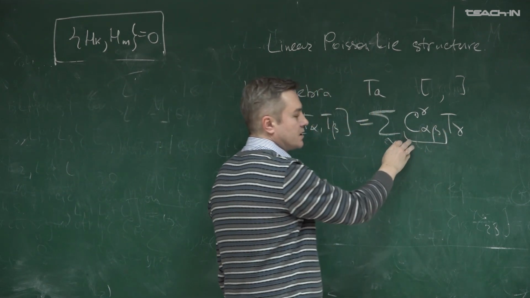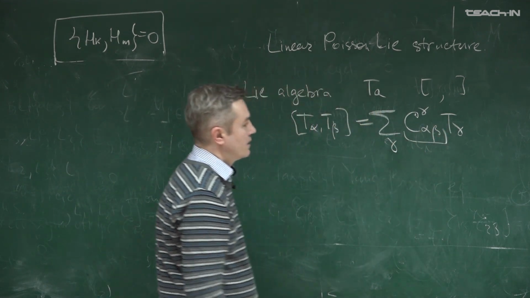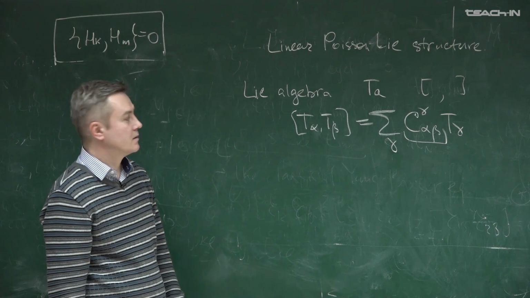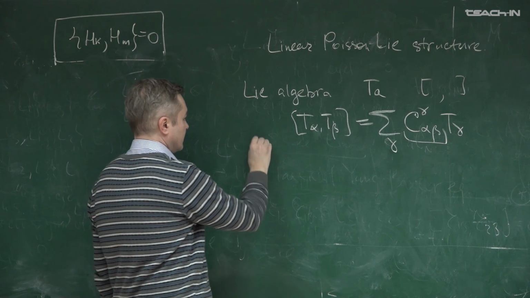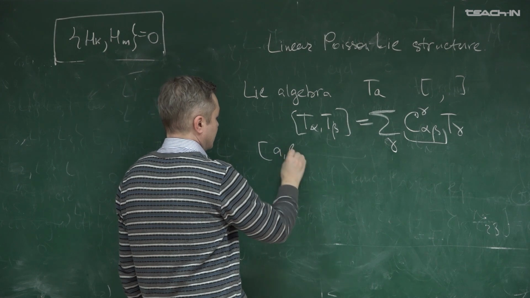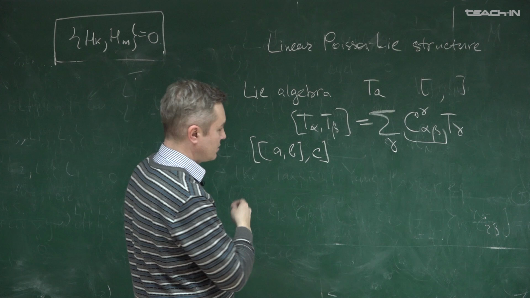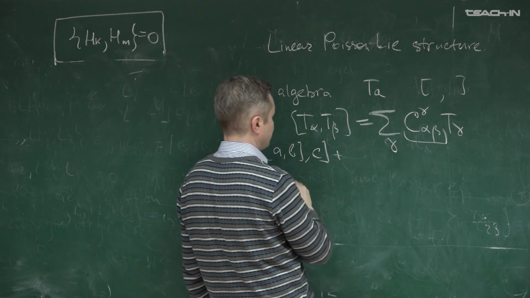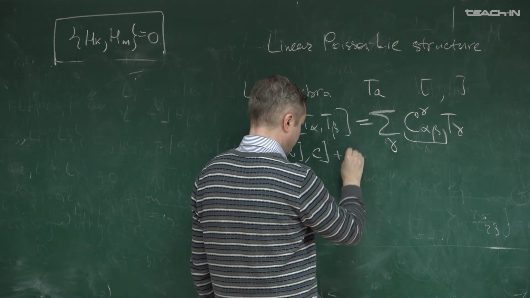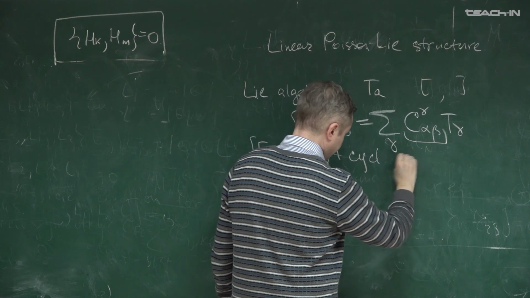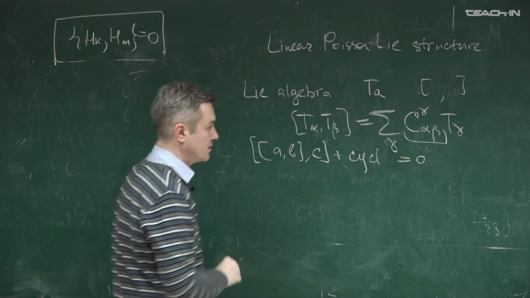This is what is called structure constants. By definition, as I told you, this commutator should satisfy the Jacobi identity.